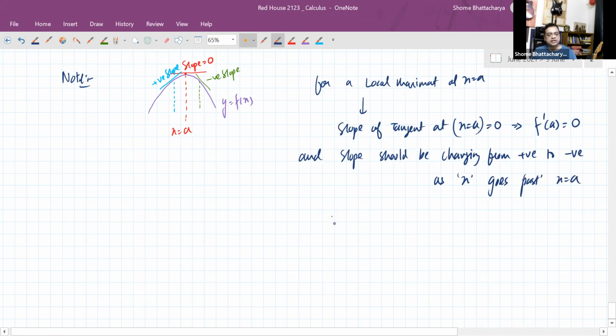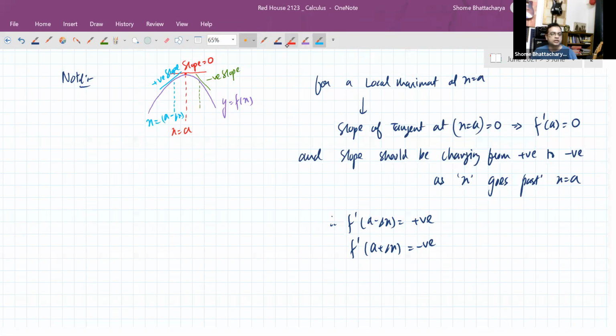In other words, f prime at some point a minus delta x should be a positive quantity, and f prime at a plus delta x should be a negative quantity, because I'm treating this point as a minus delta x, since it's before a on the graph, and this point is a plus delta x.